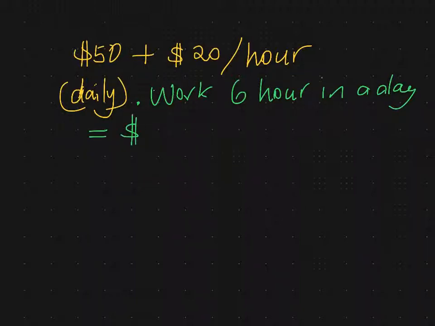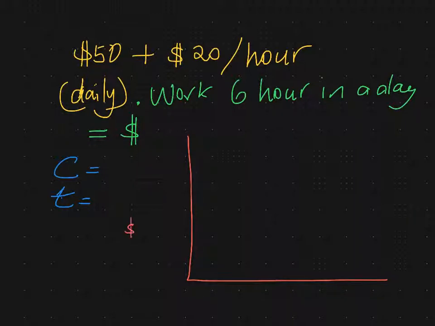So don't forget, we want to know your cost, your time, and to get you started you will need a graph. This is your dollars and this is your hours.